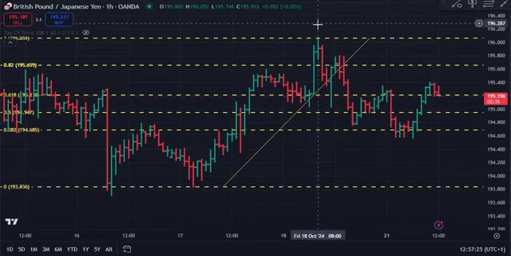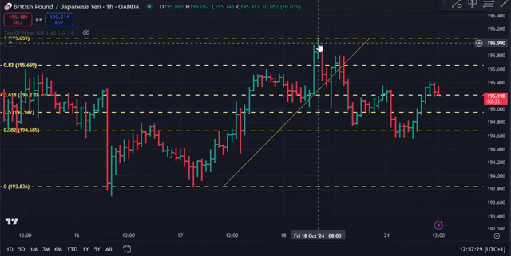It attempted to break this high. By not doing it, it is telling me that there are some sellers in the marketplace. So if we break this 194.70 level, we're heading back down to, wow, the only point I got is 193.70, which is a very strong low.